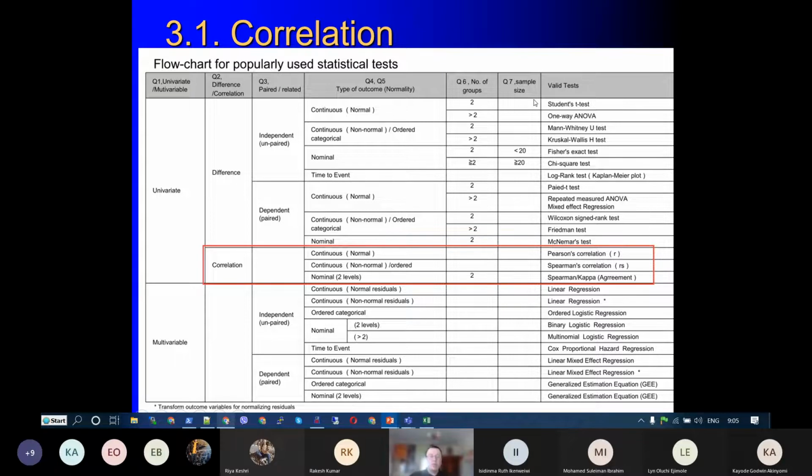Last time I showed you another version of this chart which only allowed a choice for hypothesis testing. But as you can see, all these questions can be combined together, and depending on whether we have univariate or multivariable data sets, and whether we are looking for differences or correlation, we can make a choice. We have more choice of various statistical methods for data analysis.